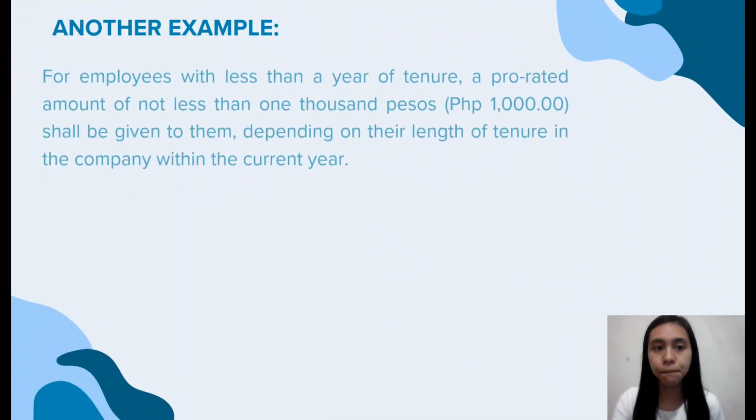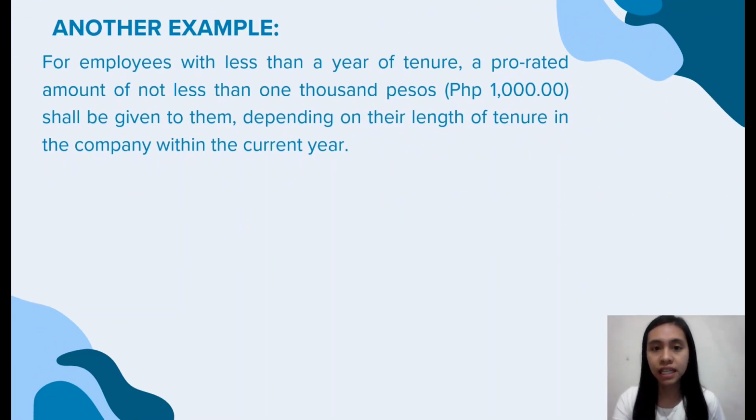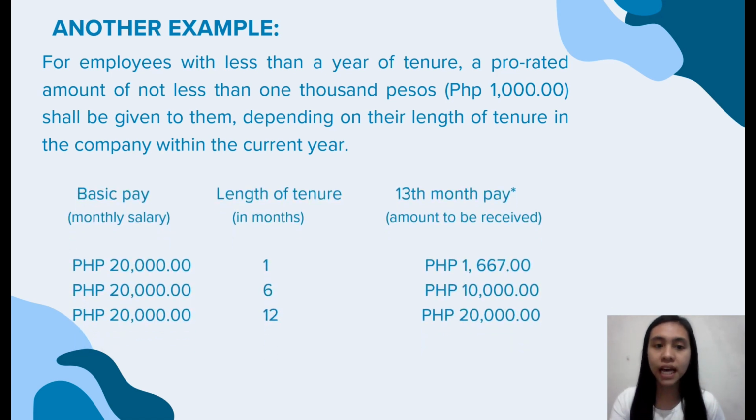We have another example. For employees with less than a year of tenure, a prorated amount of not less than 1,000 pesos shall be given to them, depending on their length of tenure in the company within the current year. So here we have a basic salary of 20,000. The length of tenure in the first example is 1 month. So 20,000 times 1 divided by 12 is equal to the 13th month pay.